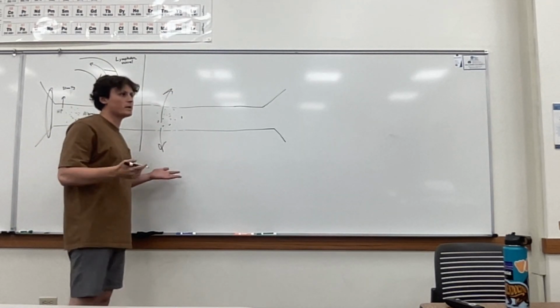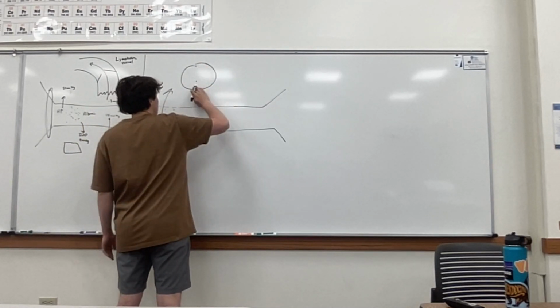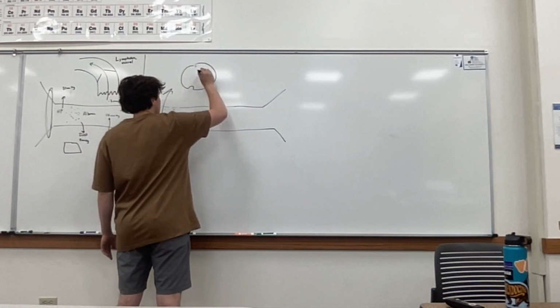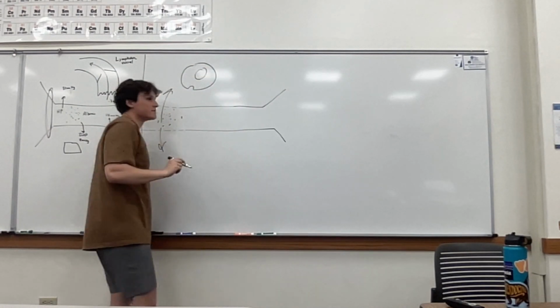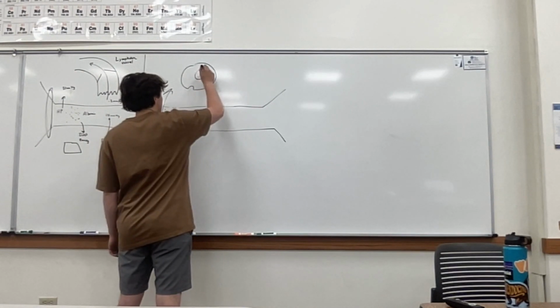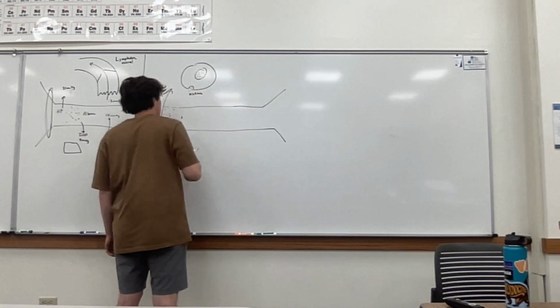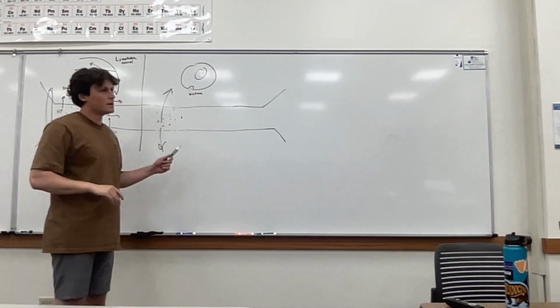So we have cells in our body, mast cells. Mast cells are immune cells. These immune cells have something called histamines in them. They're inflammatory.